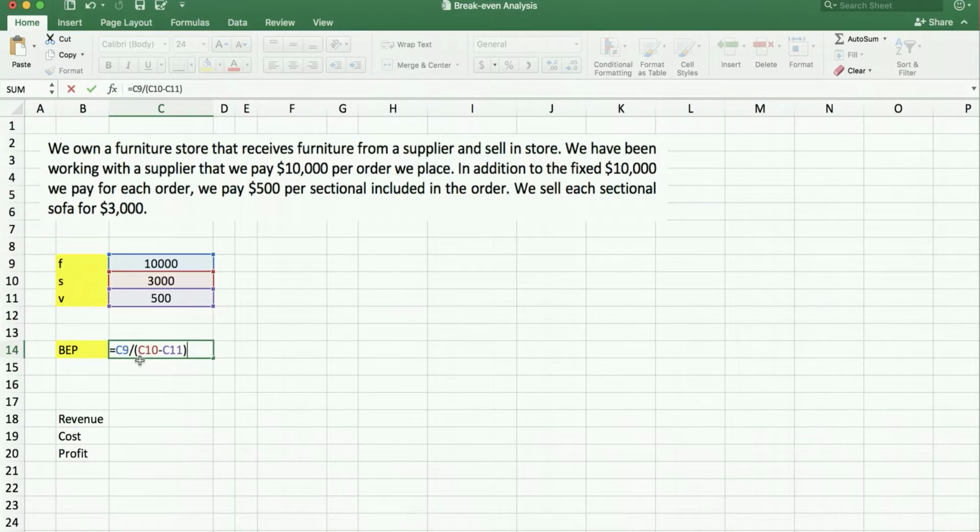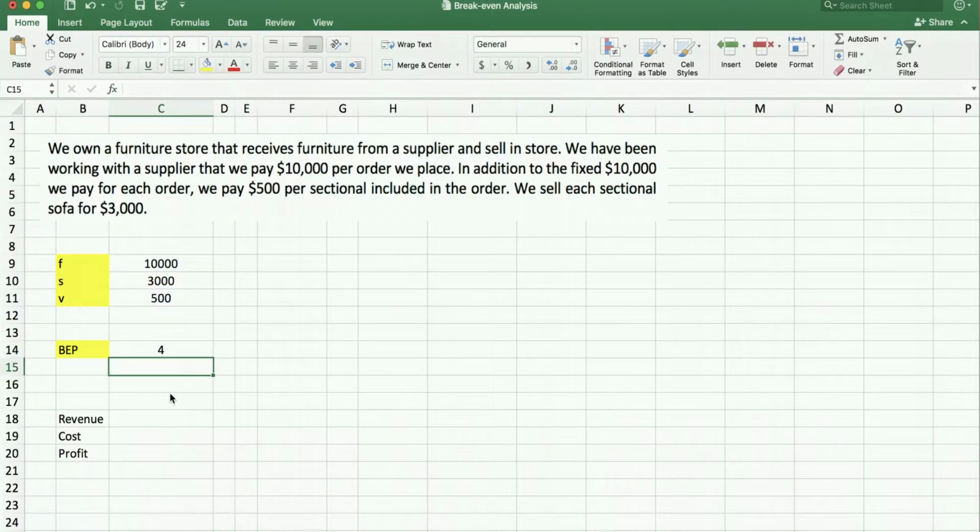So make sure that you have the parentheses in the correct places. So this calculation will give me the break-even point, which is 4. Okay, so this tells me that if we sell 4 sectional sofas, we are going to be making $0 profit and $0 loss.